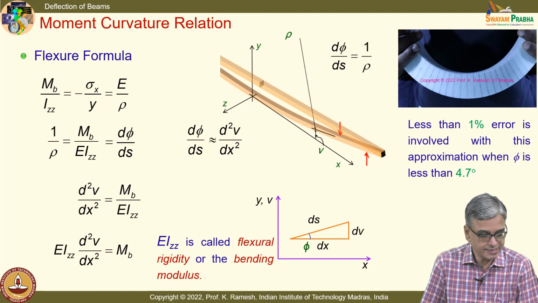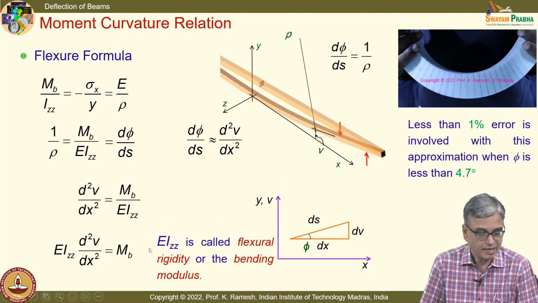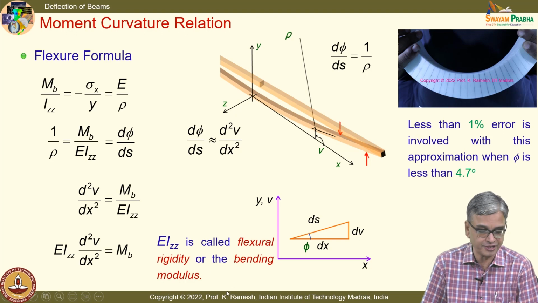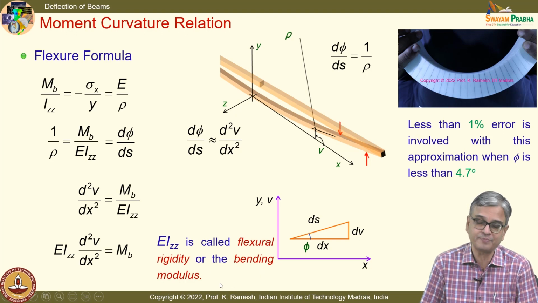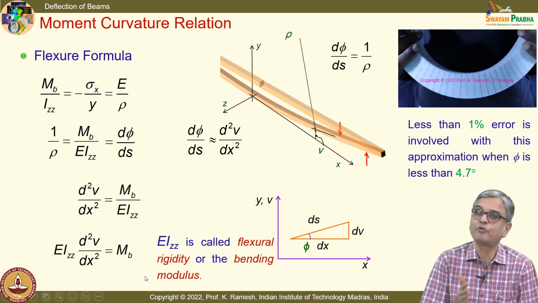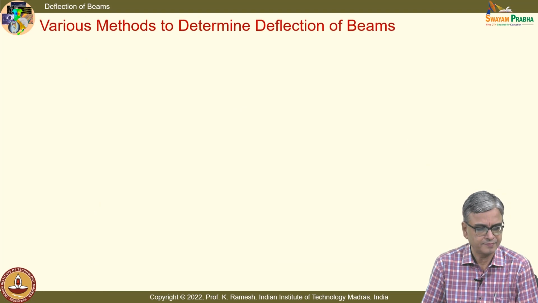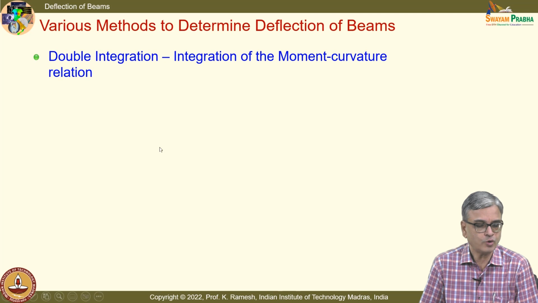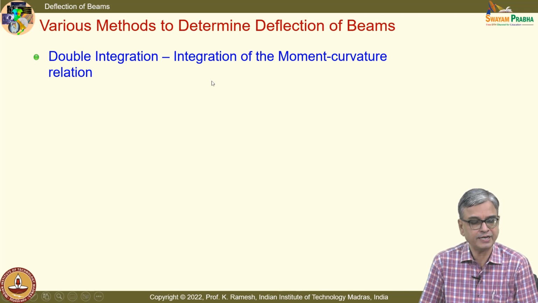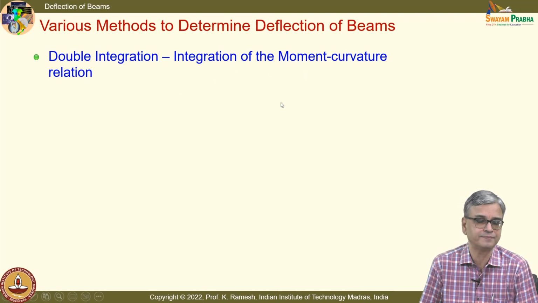And we have already seen E I_zz as bending rigidity or flexural rigidity, or it can also be called the bending modulus. And if you have to calculate the deflection v, you have to integrate this equation and apply the boundary conditions. As simple as that. So you have double integration of the moment curvature relation.